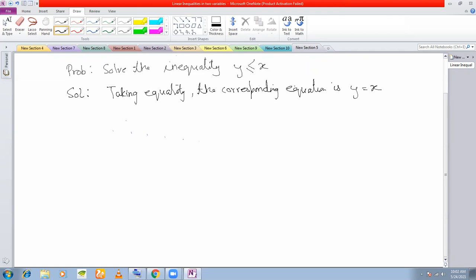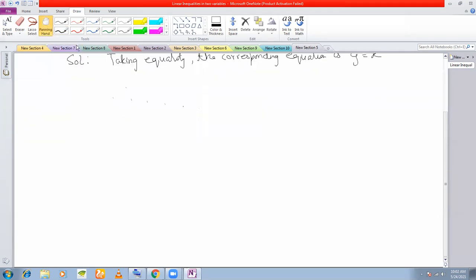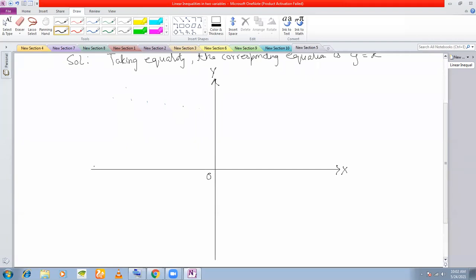Now we are going to draw this straight line on the xy plane. Now how do you draw this straight line? You simply plot the x and the y here, the independent and dependent variable.